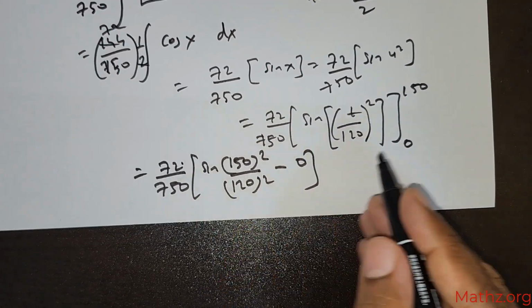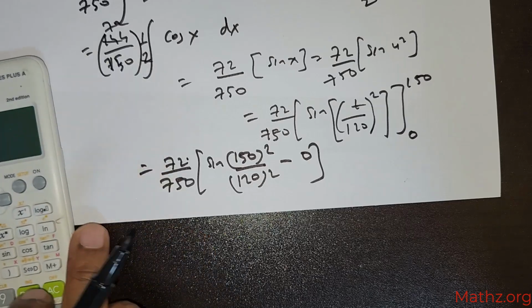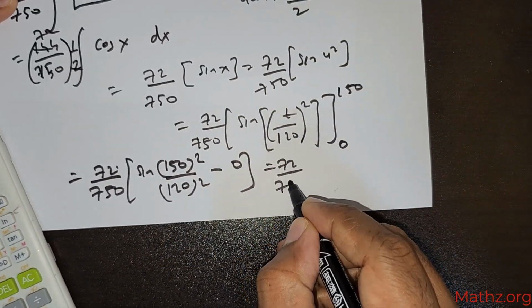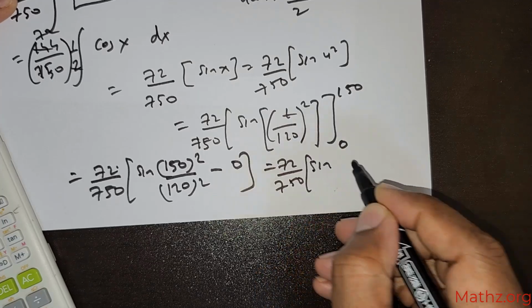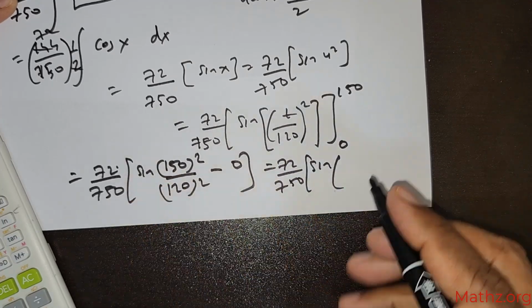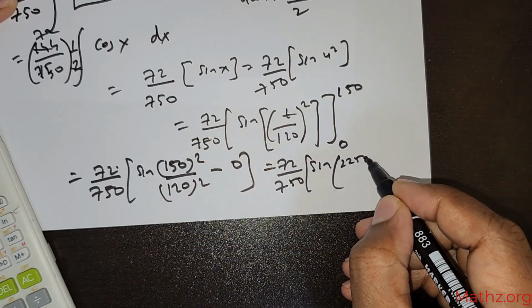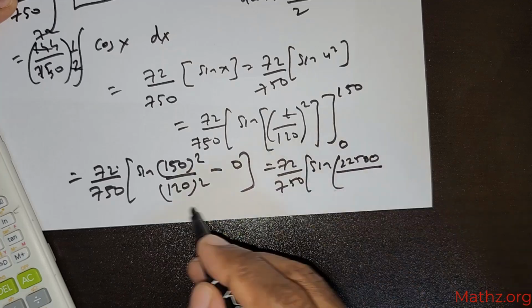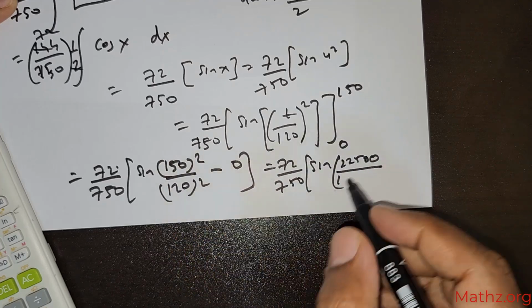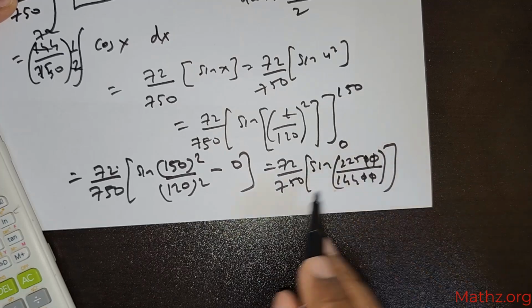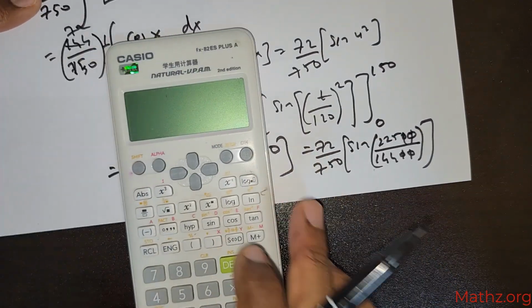So now you need to evaluate this 150. Now 150 squared, let me write that down: 72 divided by 750. 15 15s are 225. You have a 0 squared there. So 00 divided by 120 squared is 144. These two things get cancelled. So 225 divided by 144.